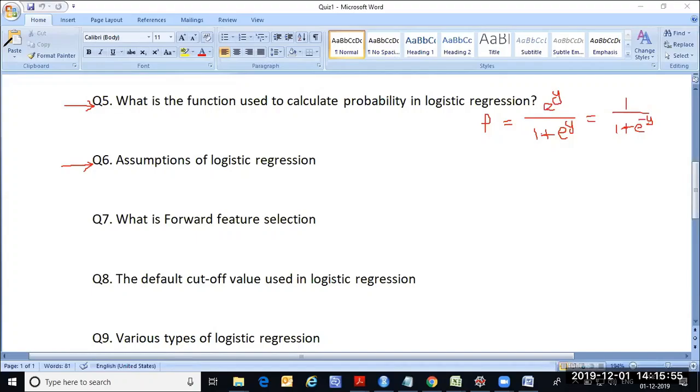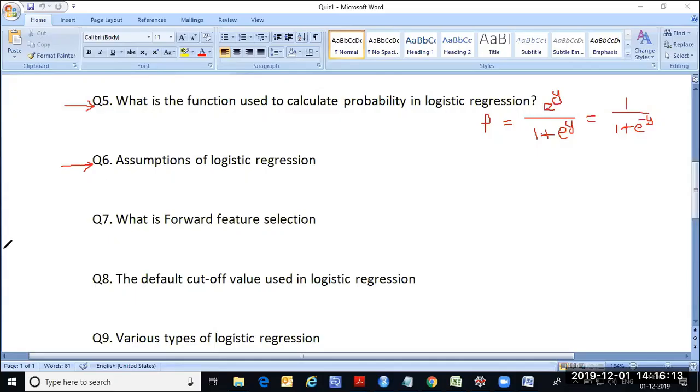What do we mean by collectively exhaustive? When you consider all the possible output values, they should map to the possible values of your output variable, right?